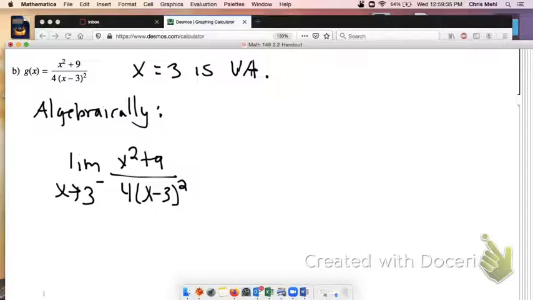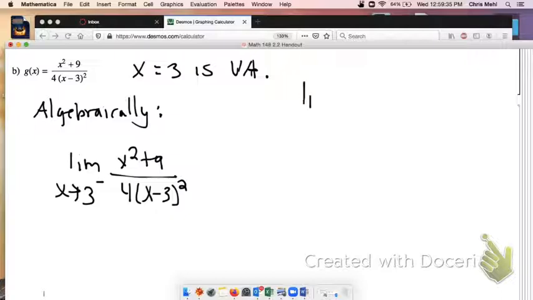So a little fact for you. When calculating especially one-sided limits, we already know this is going to equal infinity by looking at the graph, but how do I know that?